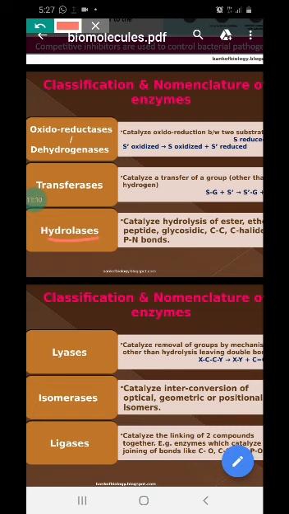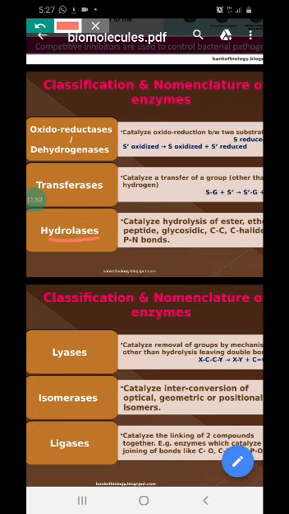And there are oxidoreductases or dehydrogenases. You know in reactions usually when one compound is oxidized, the other molecule gets reduced, right? Which is also called dehydrogenase. Then transferases, which catalyze transfer of a group other than hydrogen group. So what do transferases do?